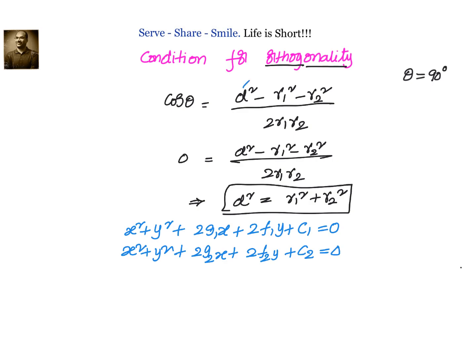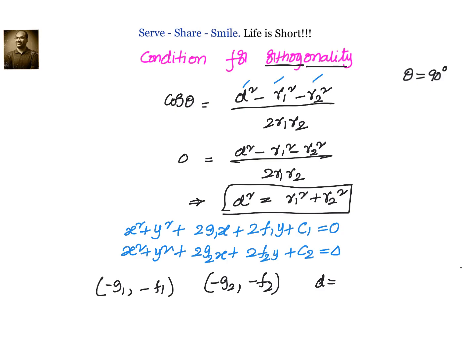Let us find out what is d, what is r1, what is r2, so that we can substitute those values. First let us see what are the centers of these circles. I have minus g1 minus f1 and minus g2 minus f2 are the centers of the circle.